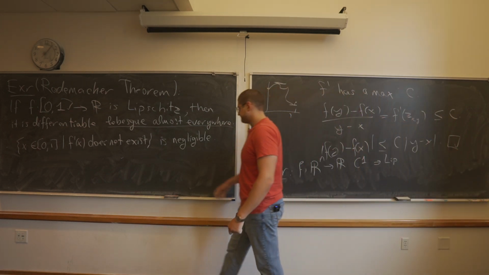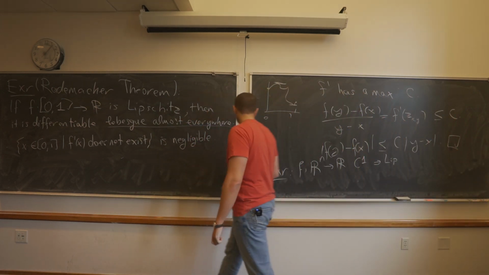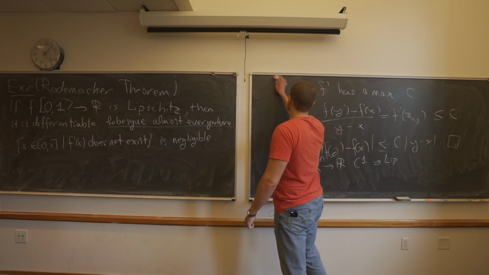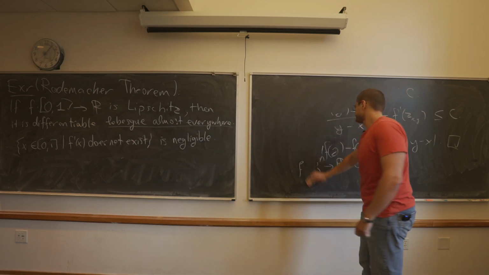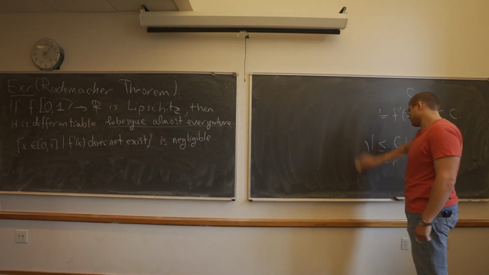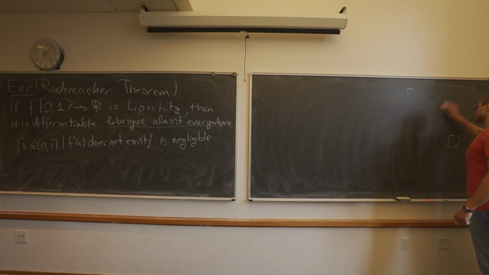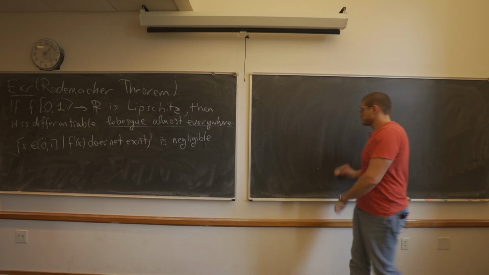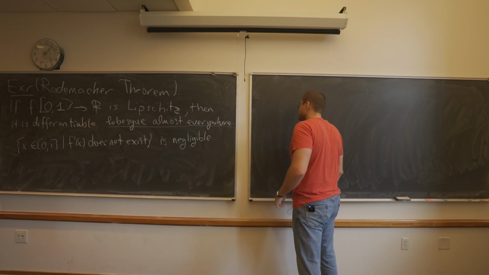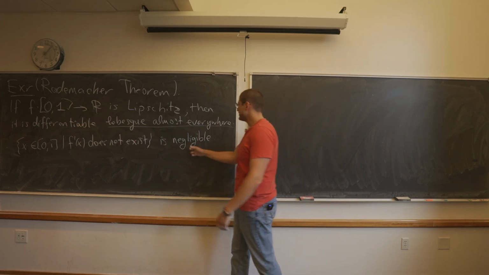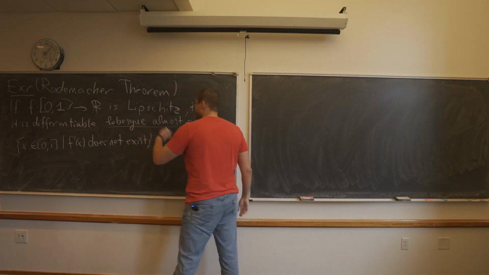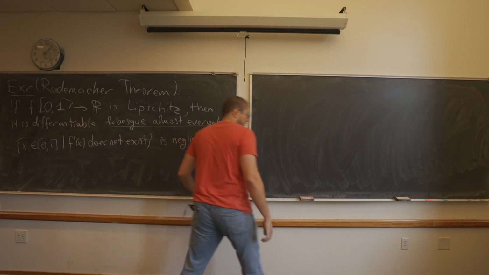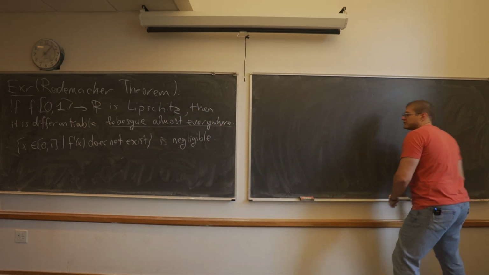What does that mean? Here's a definition. Or another way of saying negligible is that it has Lebesgue measure 0. That's a more accurate way of saying this.